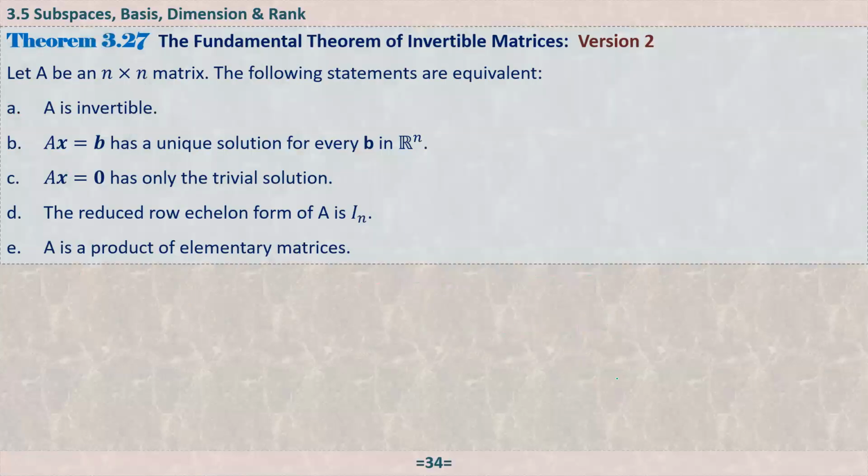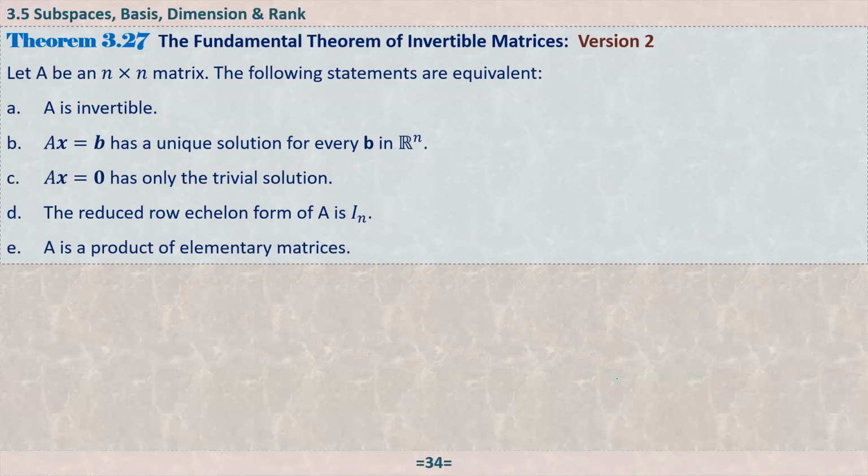Now, collecting all of these facts, we can expand the fundamental theorem of invertible matrices. There are 5 statements we have already seen and proved. If you remember, for A an N by N matrix, the following statements are equivalent. That means that if one of them is true, all of them are true, and if one is false, then none of them is true.